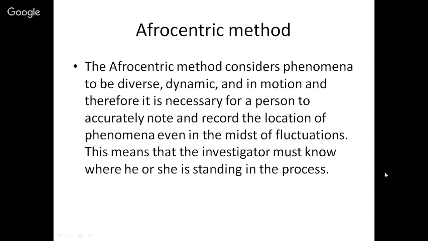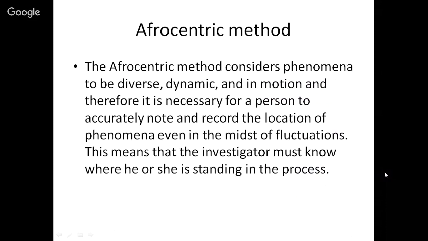The Afrocentric method considers phenomena to be diverse, dynamic, and in motion, and therefore it is necessary for a person to accurately note and record the location of phenomena even in the midst of fluctuations. This means that the investigator must know where he or she is standing in the process.